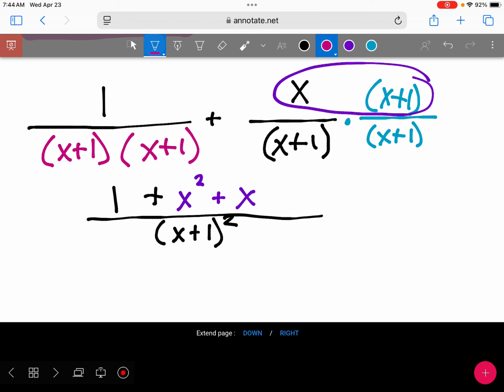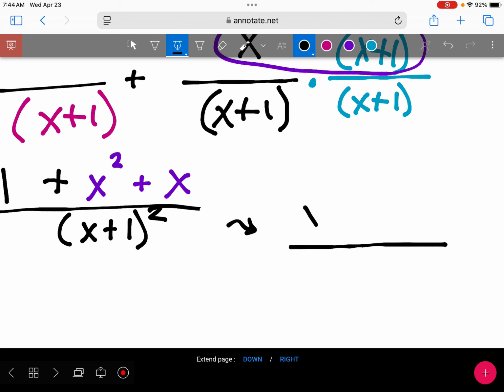And then we have our plus 1 over there. So technically, can we factor that? Let's see, because it's just jumbled up. Let's unjumble it and see if we can do any more simplifying. So if we put it biggest to smallest in terms of exponents, we have our x squared, then our x, then our positive 1. Is that something we can factor?